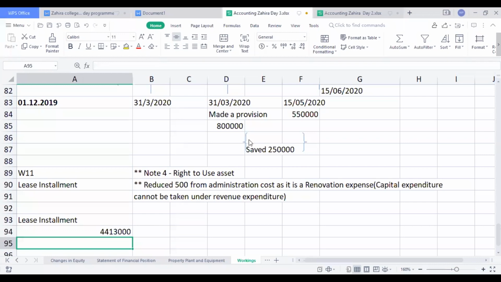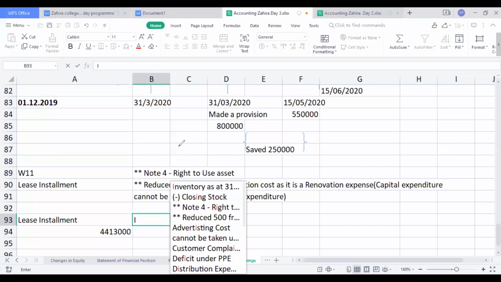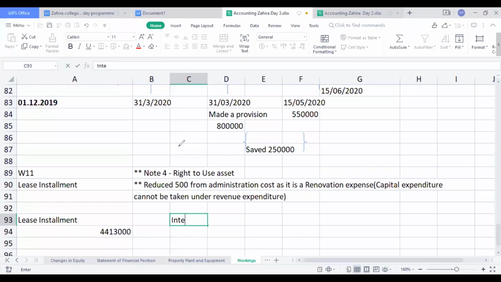Right? 4,413,000. What is the interest applicable for the next year? 1,890,000. The same way which we did yesterday. Interest 1,819,000. So what I will do, I need to find my current liability. I took my 4,413,000 minus 1,819,000.